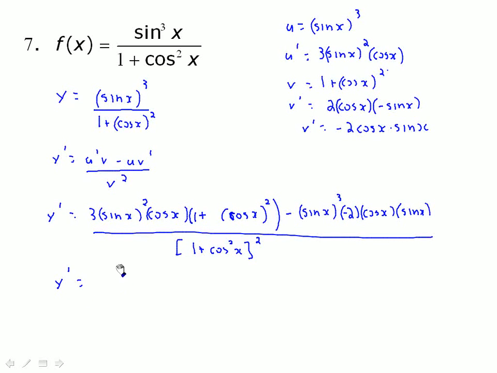So in this case, if you take a look carefully at each of the clusters, you will see that this first cluster has got sine squared x. So we can take out 2 of those, so sine x to the 2.